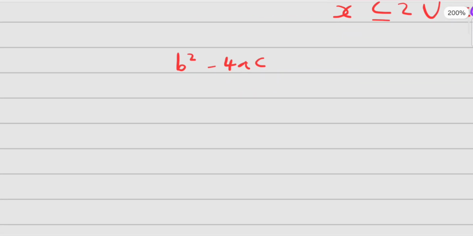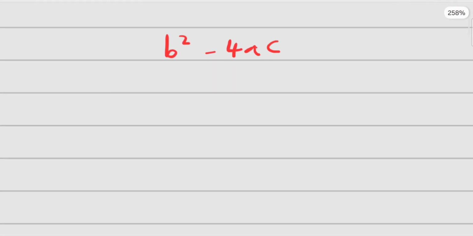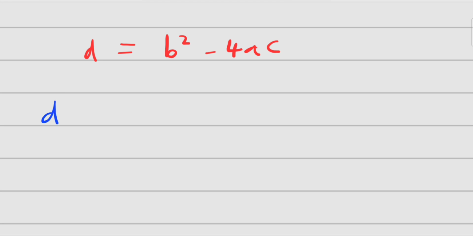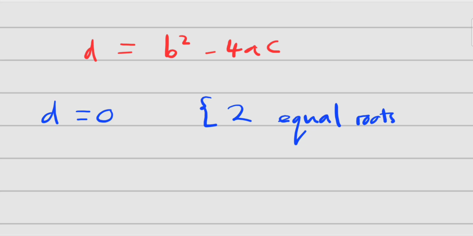so we know that the graph crosses the x-axis at critical points, which we call solutions, right? So we're saying when the discriminant, let's just use d, when the discriminant is equal to 0, like that, we have two equal roots, right?